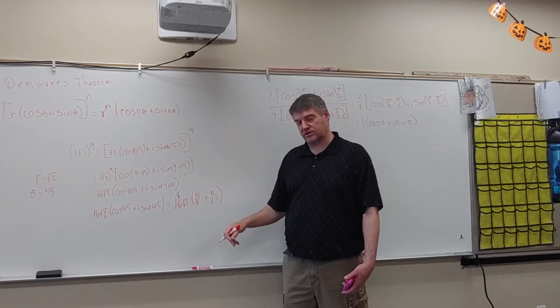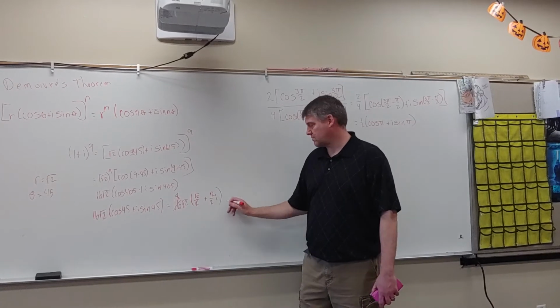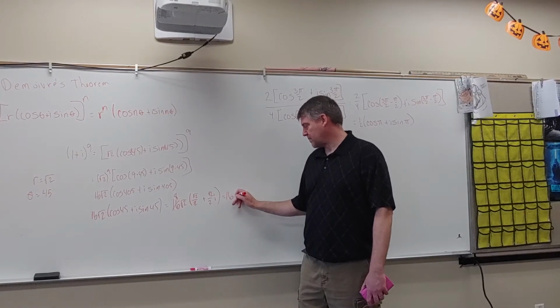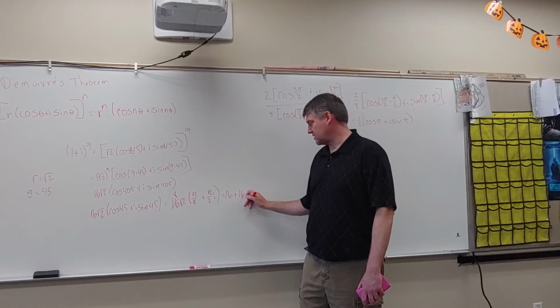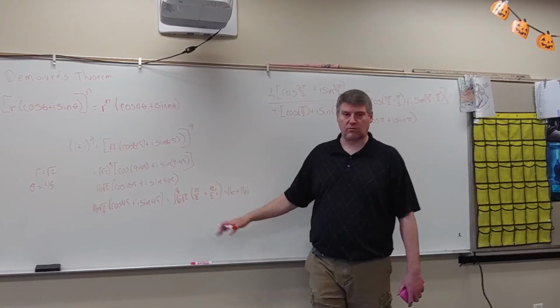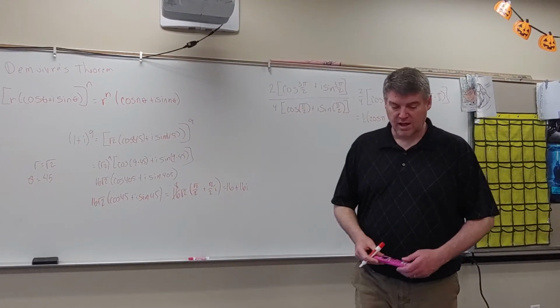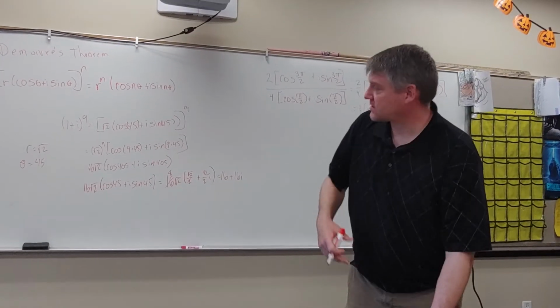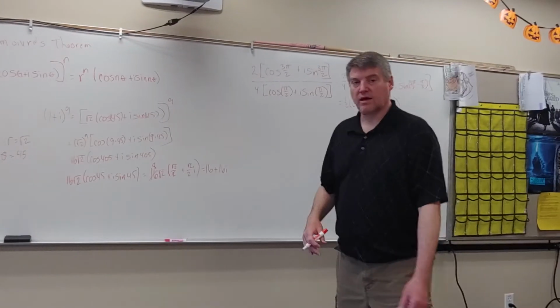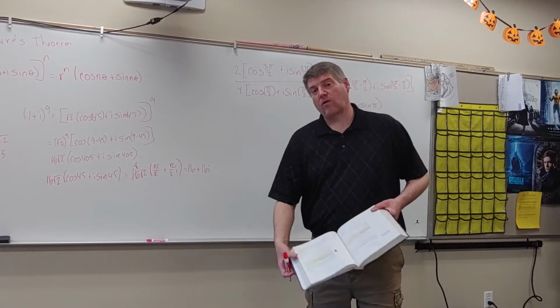Square root of 2 times square root of 2 is 2. 2 times 8 is 16. So this becomes 16 plus 16i. The same factor will be here when we multiply. And so that's how we would take a number to a power.